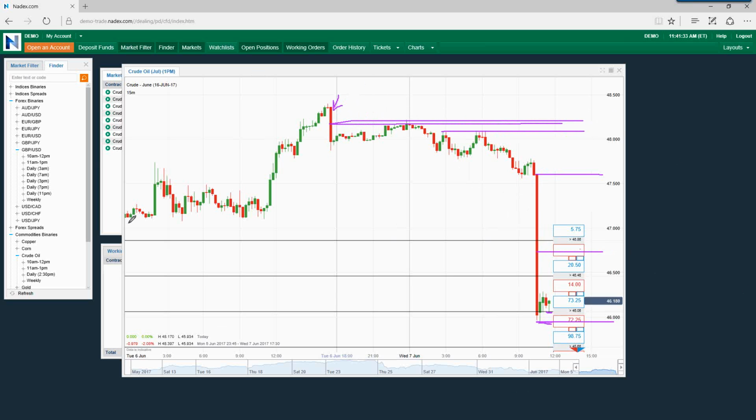Now, how far back do you need to look? That's a big question that everybody asks. Typically I'm looking at maybe yesterday and maybe today's action, unless like on crude, do you see how it made this new low here? That's when I would probably scroll back and try to find more data.